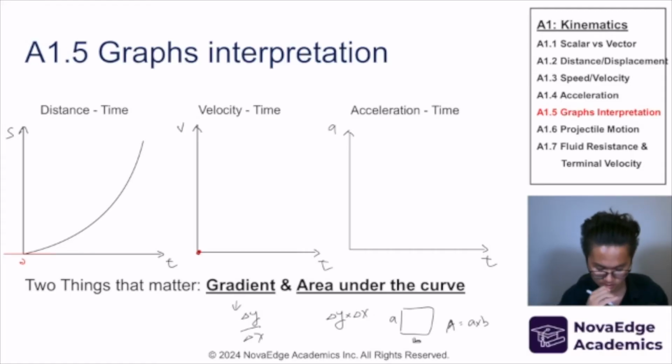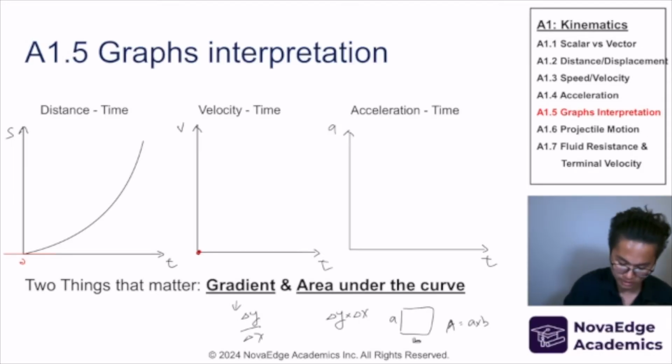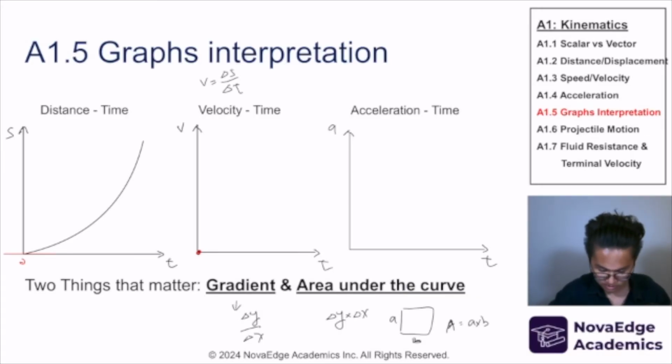Slope is division. So how do I interpret data and extract something out of it? Well, if I want to draw the velocity time graph, I know that velocity is equal to displacement over time, right? What I'm saying here is that velocity is the slope of the s versus t graph. It is the slope of it.